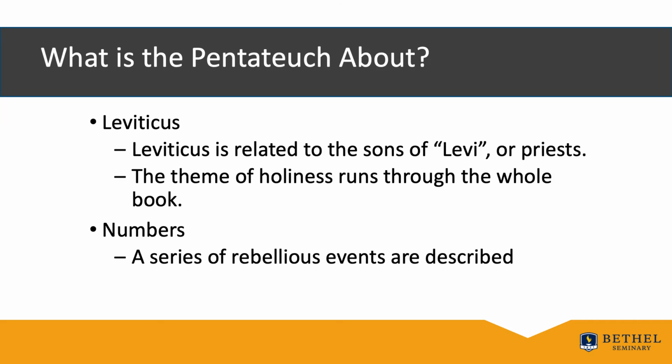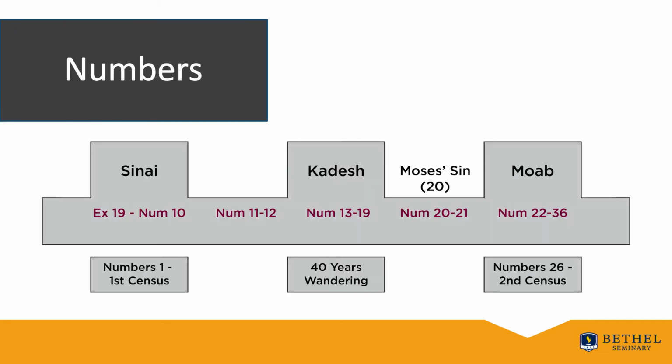Regarding the fourth book of the Pentateuch, a series of rebellious events run through the book of Numbers. The book opens with elaborate preparation for leaving Mount Sinai, where the covenant was established. The bad report from the 10 spies returning from Canaan leads to the reluctance of the Israelites to enter the promised land.